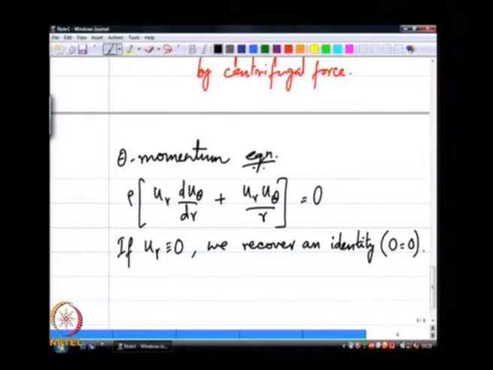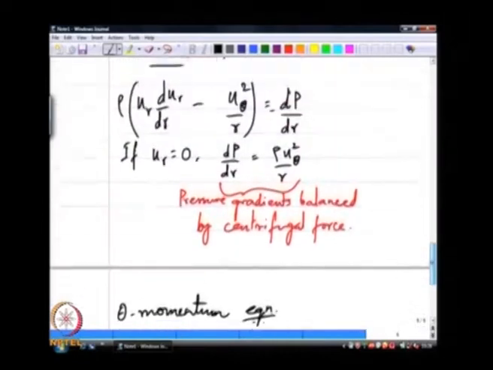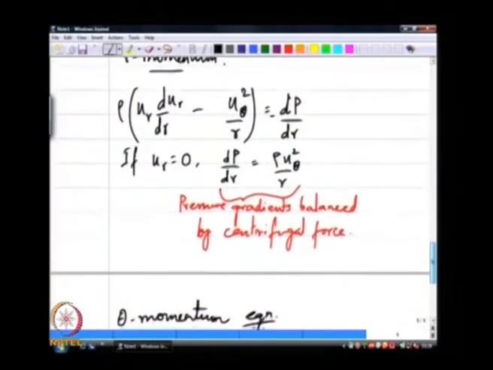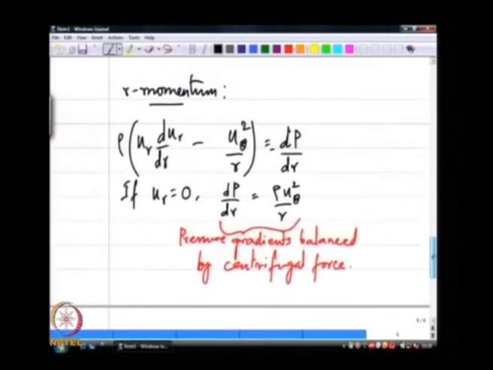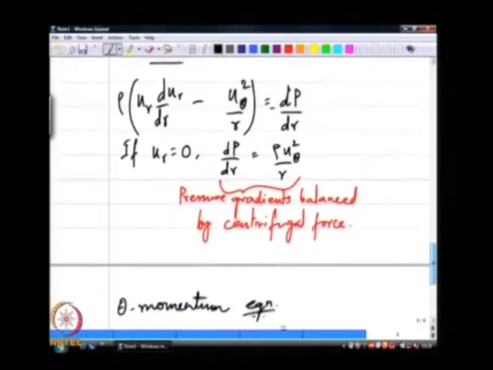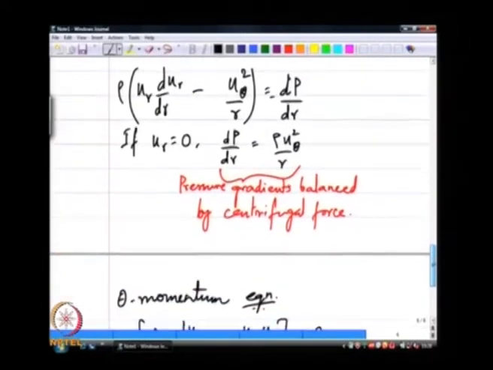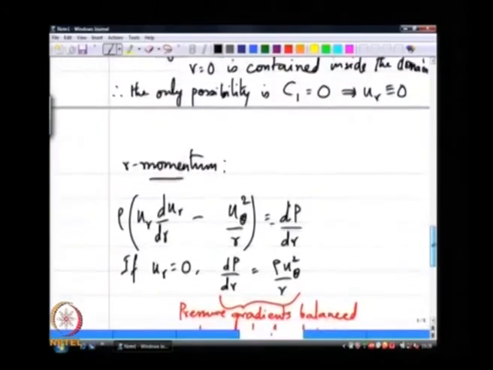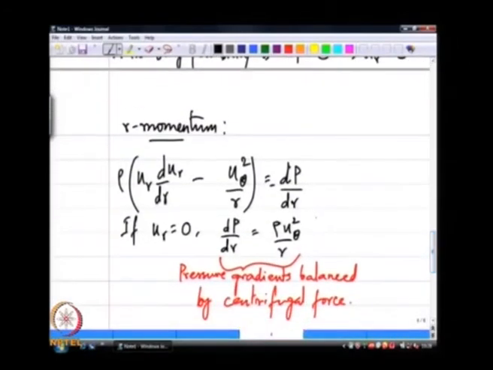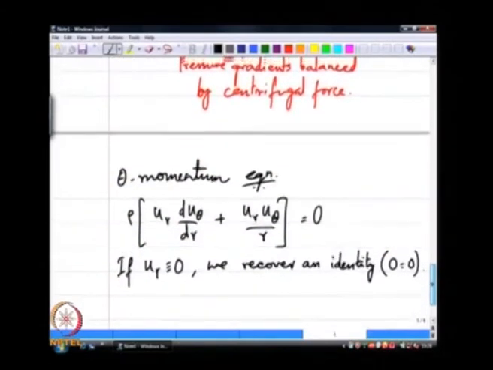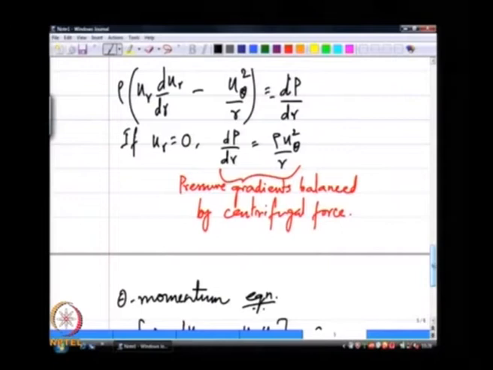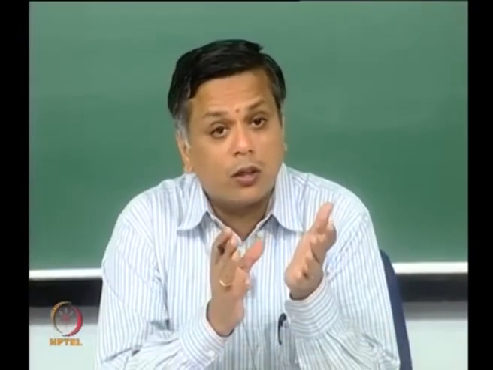So, as far as the Euler's equations are concerned, you really cannot solve for u theta and P. You essentially have one equation which says dP dr is rho u theta squared over r, and u theta and P are two unknowns.